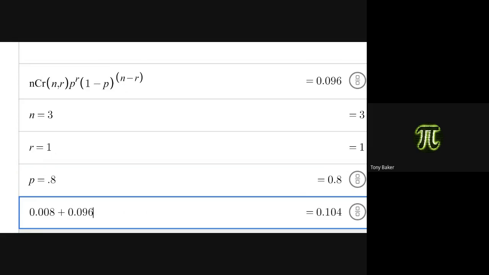You can't actually do it with the graphic calculator, it's just not as pretty. So notice I just changed that one number there and then just added the number down the bottom. So the answer to this question is 0.104.